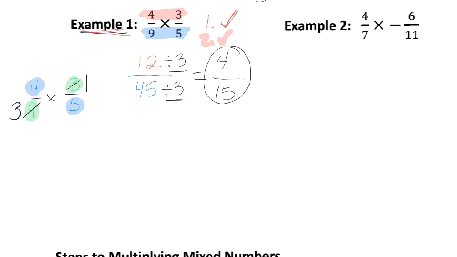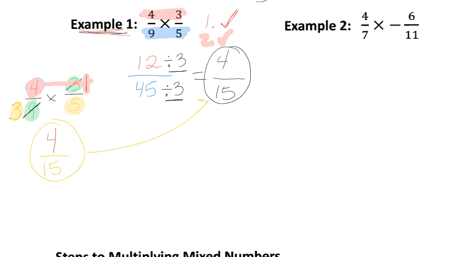Okay, so now you still just go straight across, but instead of 4 times 3, it's really 4 times 1, which is 4. And same thing down here, but now it's 3 times 5, which is 15.